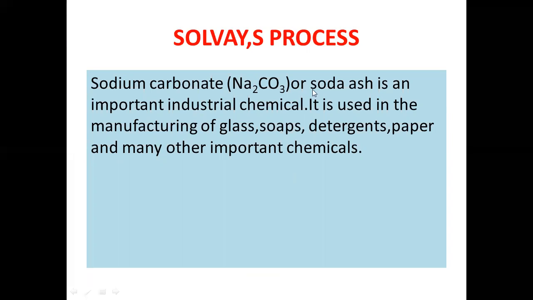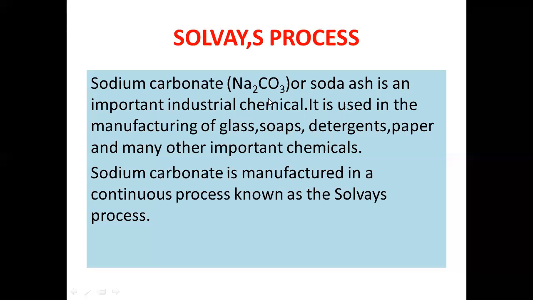Sodium carbonate, or soda ash, also called washing soda, is made by a process called the Solvay process. Solvay is named after the scientist or engineer who for the first time constructed this plant for the preparation of soda ash, sodium carbonate or washing soda.